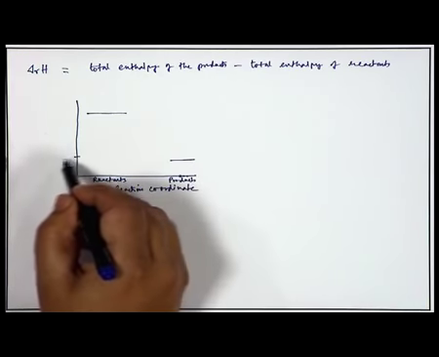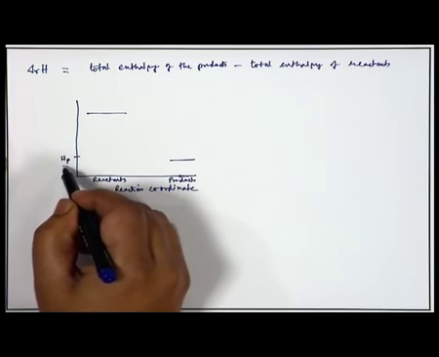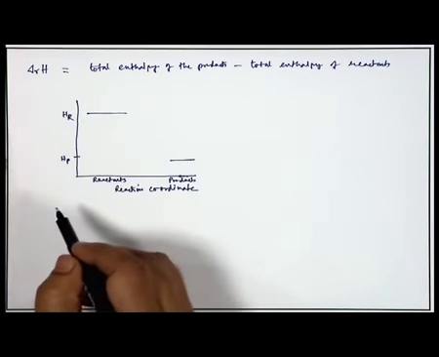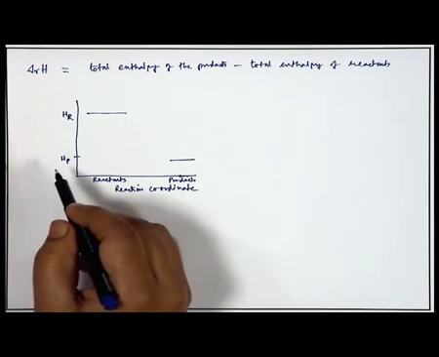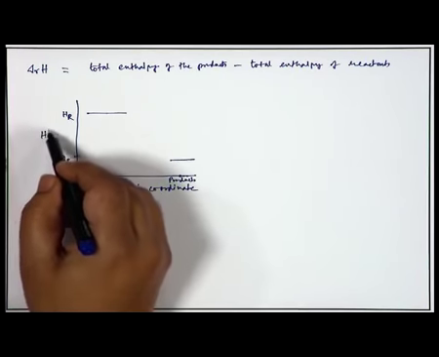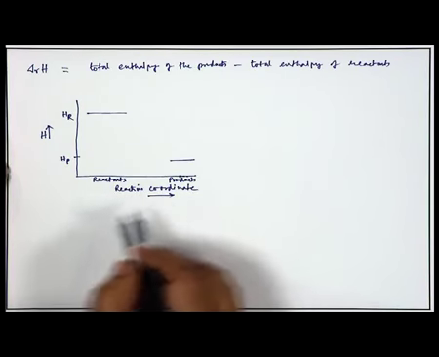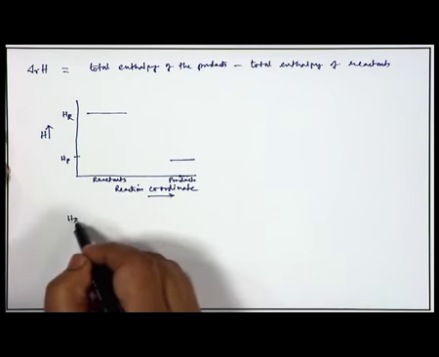H_P is the total enthalpy of the products and H_R is the total enthalpy of the reactants. This is H on the y axis, and the x axis is the reaction coordinate.